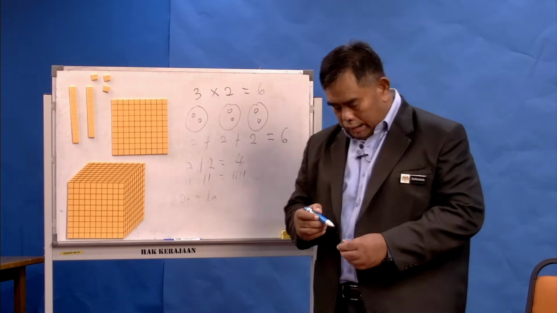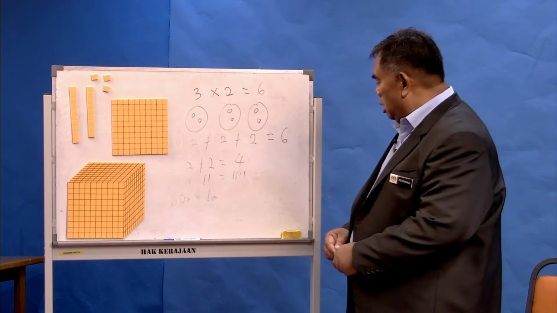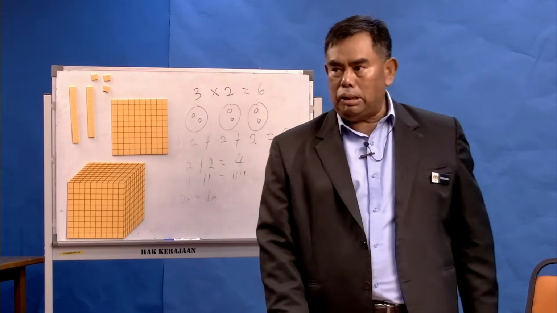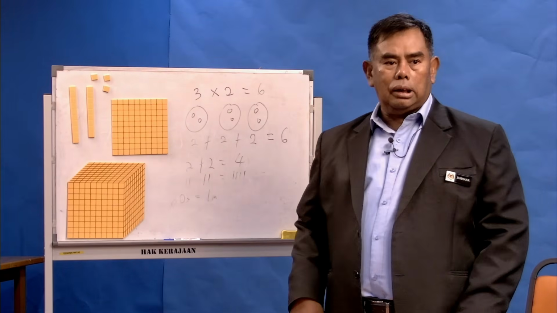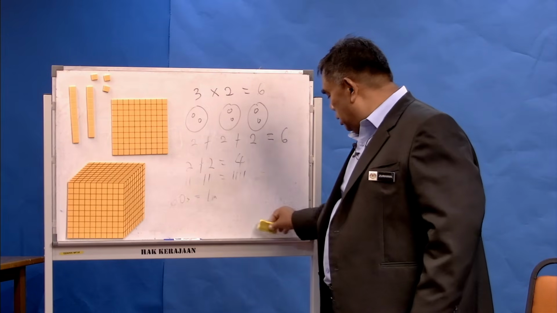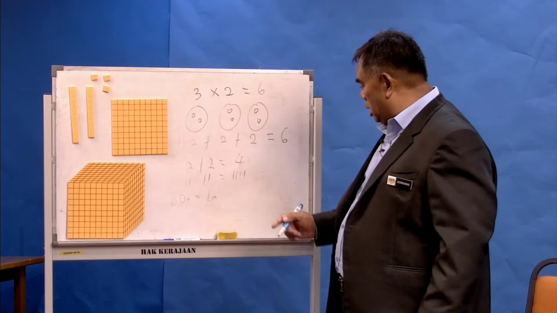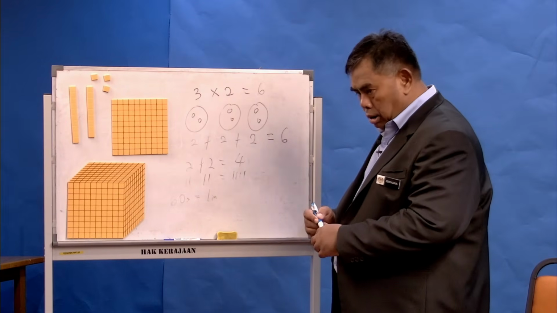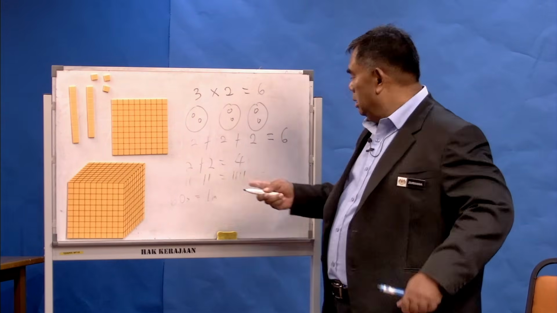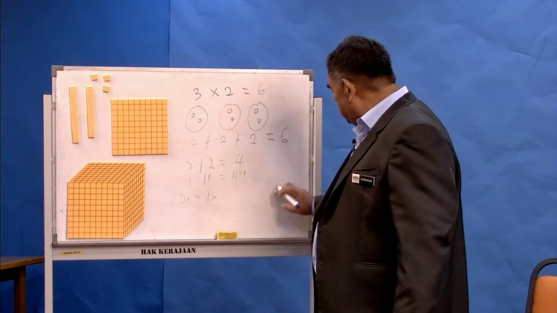And the other one is procedural knowledge. Procedural knowledge is the knowledge of how we do mathematics, how we carry out the calculation to solve problems in mathematics. I use multiplication as an example.